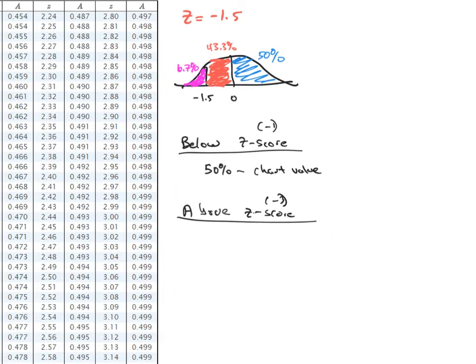So how would I find the amount that scored above with a z-score that was negative? I would take the chart value and I would add to it 50%. Okay, so that total would be, what would that be? 93.3% scored above a z-score of negative 1.5.